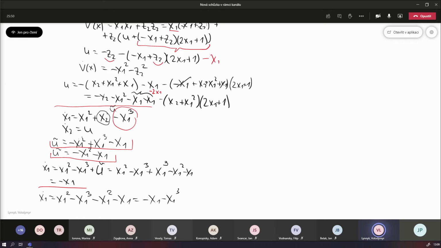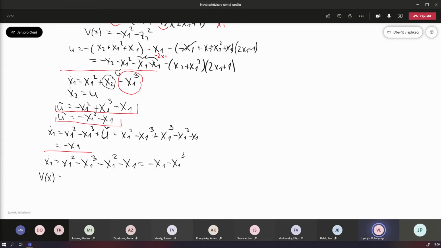Let's take a positive Lyapunov function V equal to 1/2 x1 squared, and the derivative is x1 times x1 dot, which is equal to minus x1 squared minus x1 to the 4th degree, and for all x1 not equal to 0, it's negative definite, and asymptotically stable.